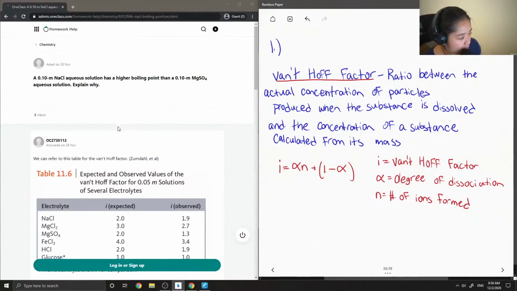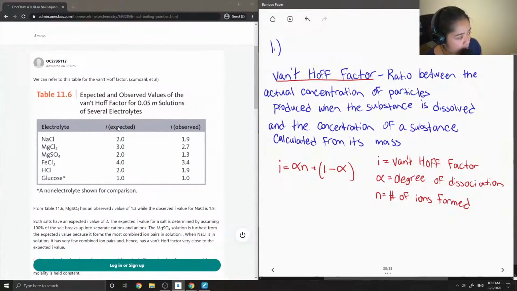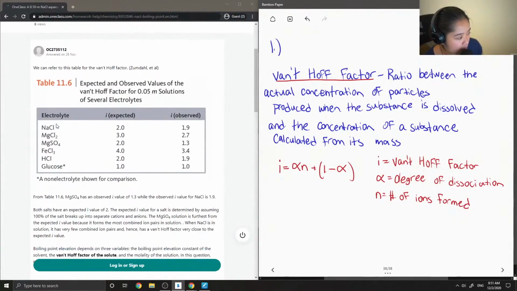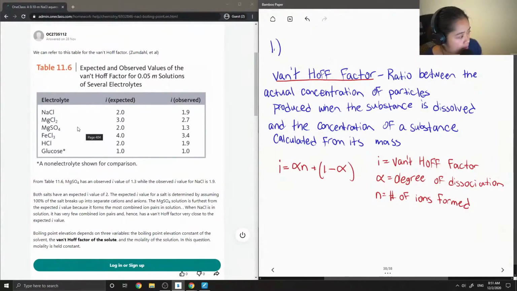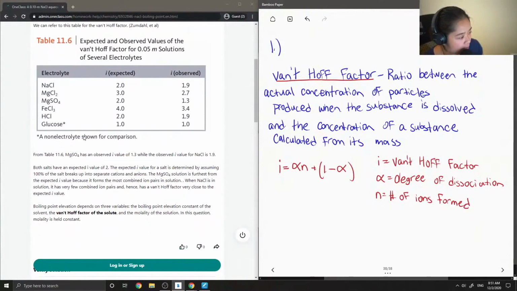And over here, if you look at the junior tutor's answer, they have just a table of the expected and observed values of the Van't Hoff factor for 0.05 molar solutions of several electrolytes. So they have it for different electrolytes like sodium chloride, magnesium sulfate, iron chloride, hydrochloric acid, and glucose.